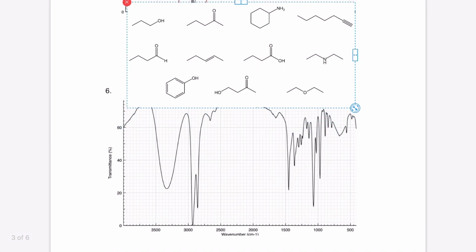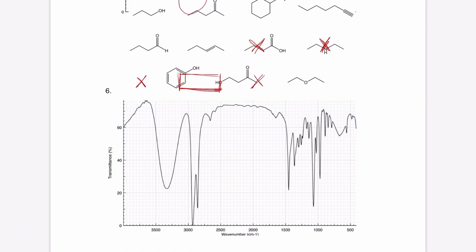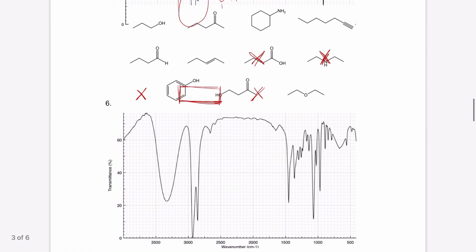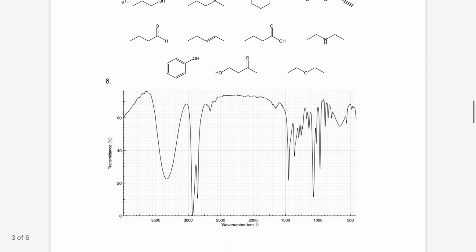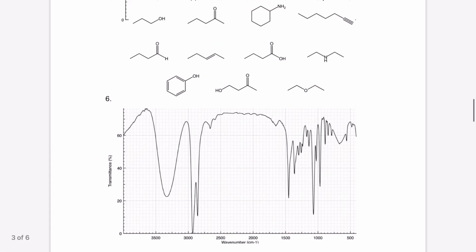Moving on to question 6. Here in question 6, what really sticks out to me is this broad band ranging from around 3300 to 3500.